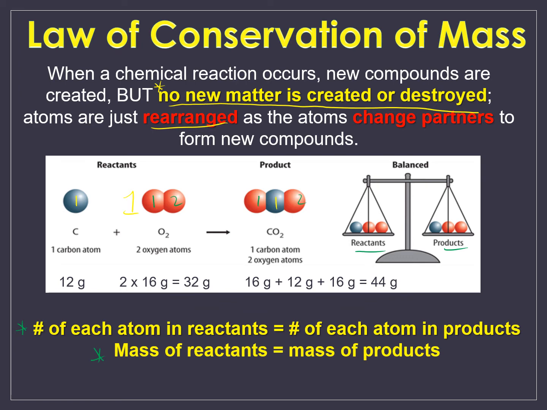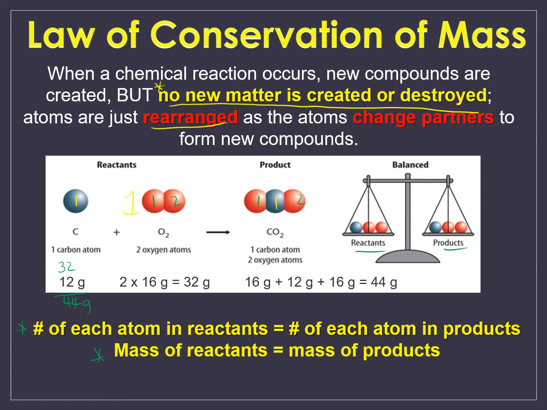Now after this matter is rearranged, when I take the mass of this carbon dioxide molecule, the mass of this oxygen is 16, this carbon is 12, and this oxygen is 16, to give me a grand total of 44. So if I take my numbers over here, the carbon plus the oxygen molecule, 32 plus 12, lo and behold, I get 44 grams.